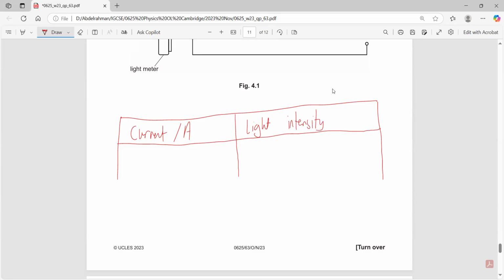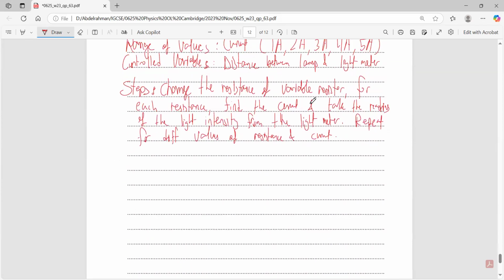Light intensity. And then for the conclusion, I'd say for each value of current, repeat the experiment and take the average.